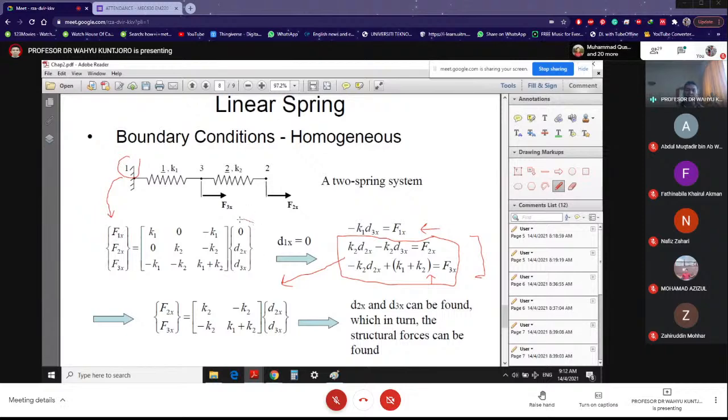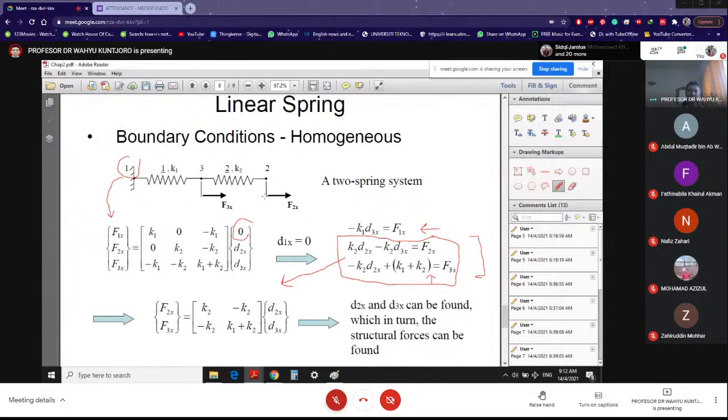The value of D1x is, of course, 0 because it is a support. And also, if you cross-check, the value of F2x, F3x that you find from here is going to be the same as what we have over here.